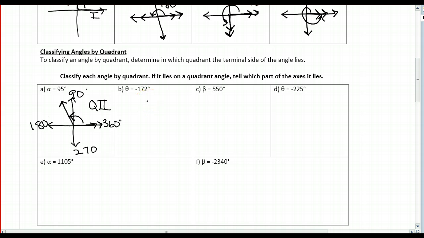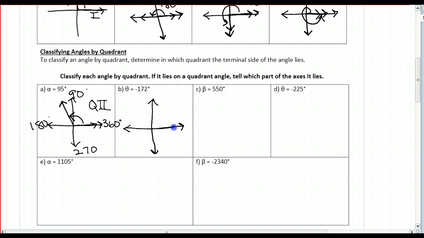In B, if you notice, there is a difference between A and B. This one is negative. If I'm looking at a negative angle, we talked about yesterday and the day before that negative angles are angles that open clockwise.